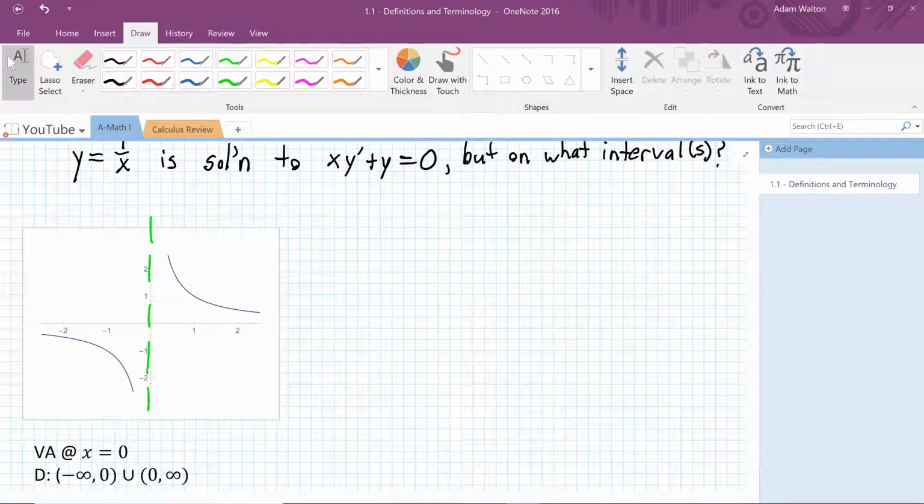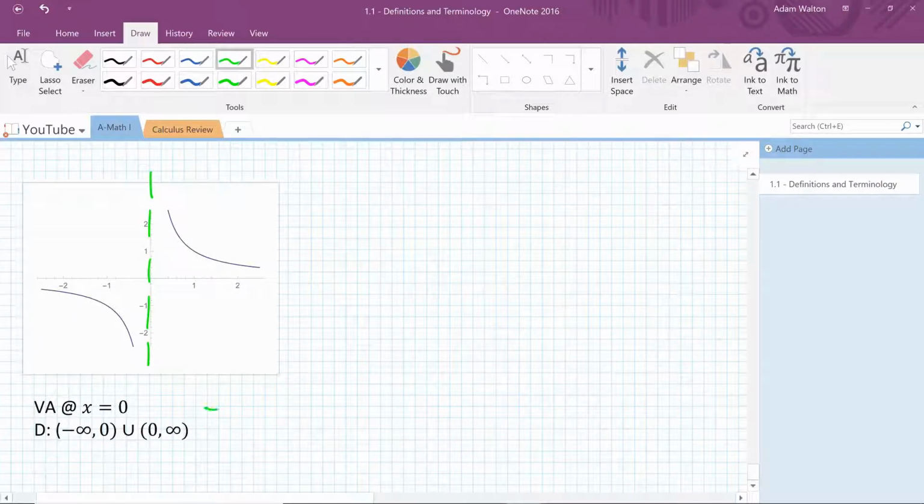From that, this means that the interval on which our solution function is in fact a solution to our differential equation has to be any numbers except x equals 0. Now, that can be -3 to -2, 10 to 100, but why not just span the biggest interval we can as needed?